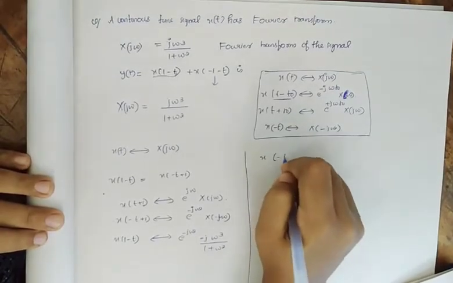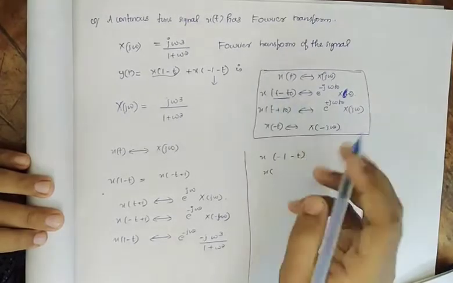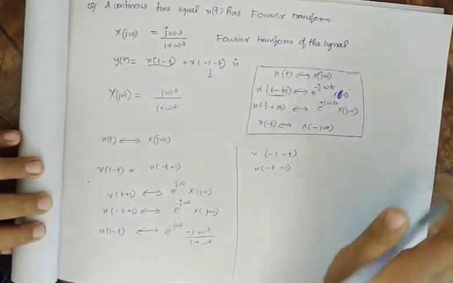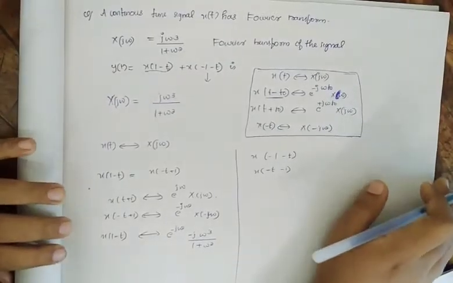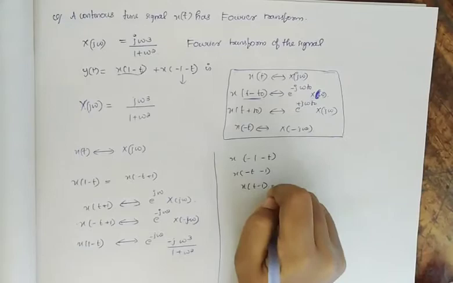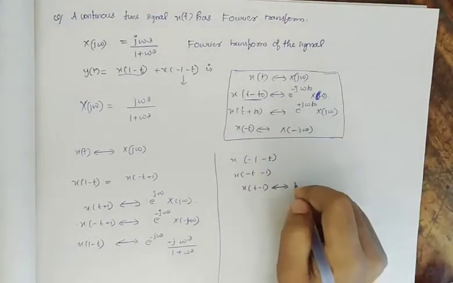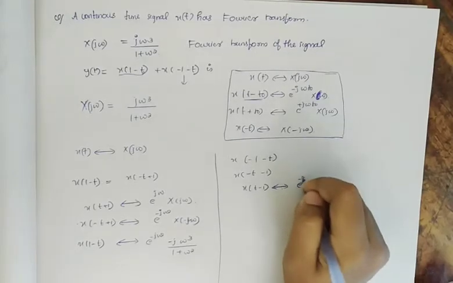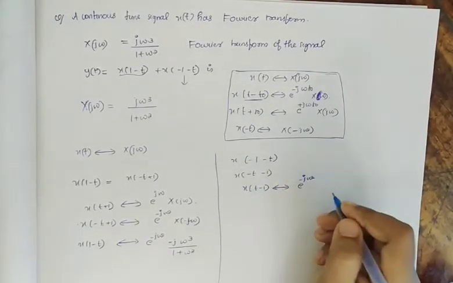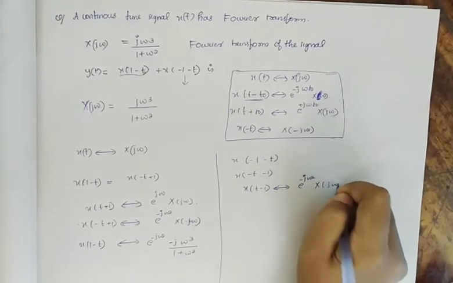And now let's take this example. It will be x of minus 1 minus t. I'm going to rearrange it and write it in this format. It will be minus t minus 1. So I'll just take x of t minus 1 for now. x of t minus 1 will give us e raised to minus j omega t0, with t0 being 1.